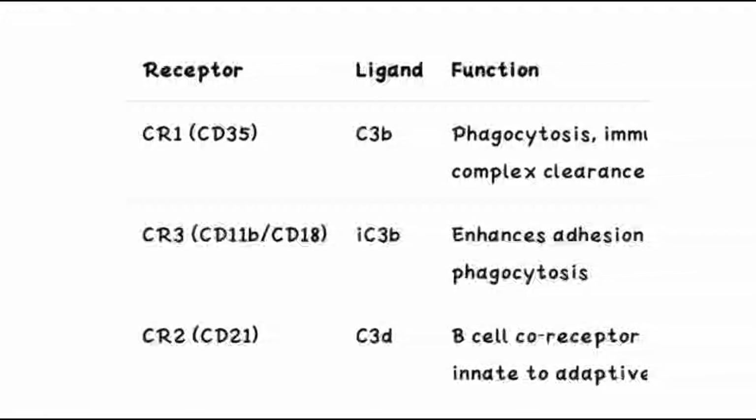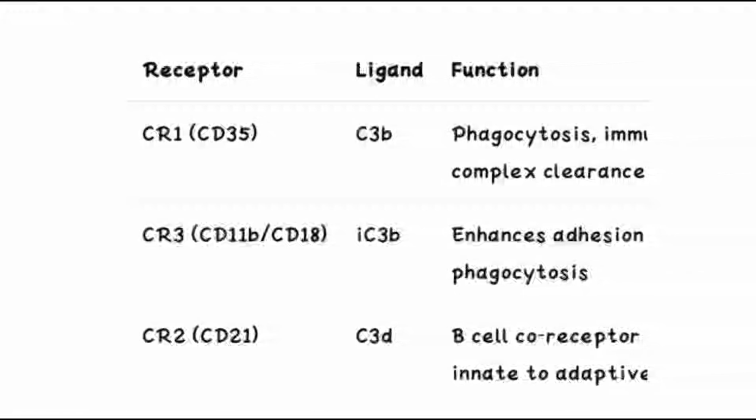Then there are complement receptors. They recognize complement-opsonized pathogens. There are various receptors and ligands and their functions, like in phagocytes, in B cell activation, and in immune complex clearance. CR1, CR3 and CR2 are the receptors. C3b and C4b bind to CR1, that is CD35.